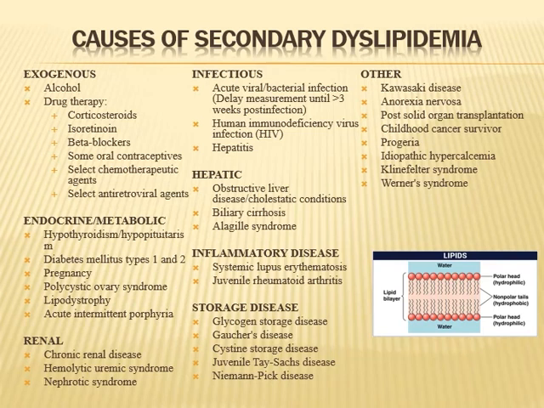Storage diseases: glycogen storage disease, Gaucher's disease, cystine storage disease, juvenile Tay-Sachs disease, Niemann-Pick disease. Among other causes are Kawasaki disease, anorexia nervosa, post-solid organ transplantation, childhood cancer survivor, progeria, idiopathic hypercalcemia, Klinefelter syndrome, Werner's syndrome.